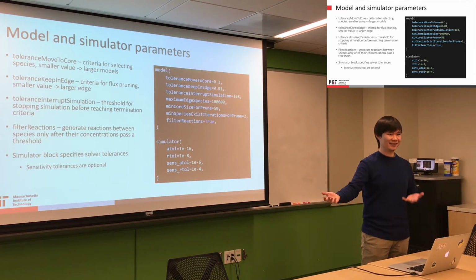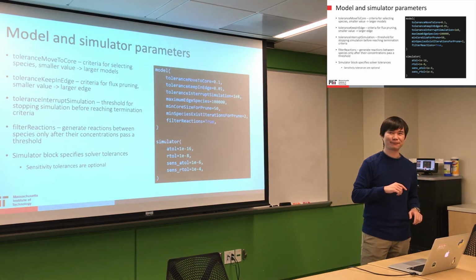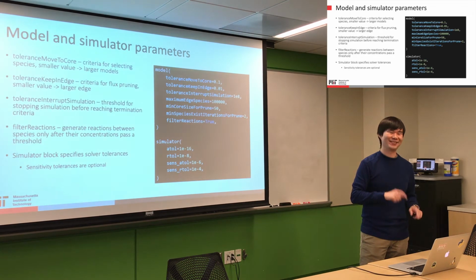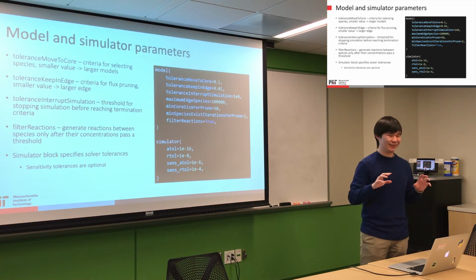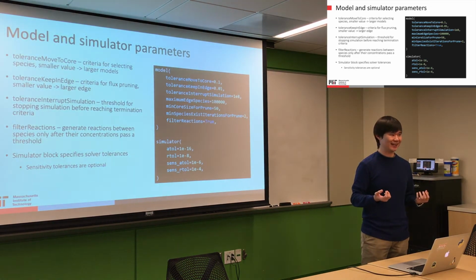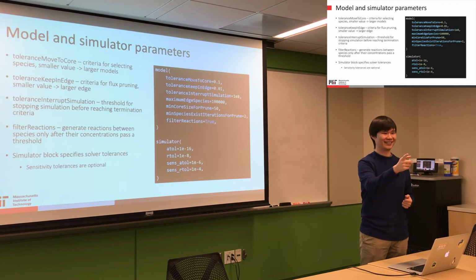Sorry, I don't remember the exact math, but for any two species, if we think they're not going to run into each other and react in a given amount of time, then we skip them.